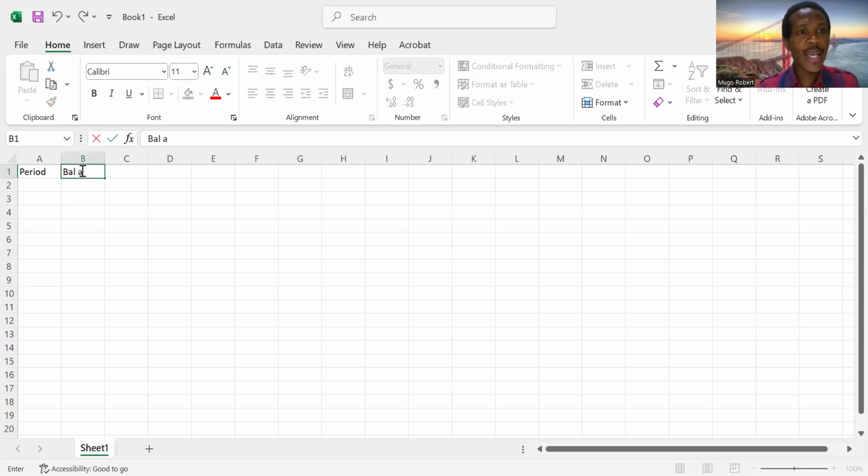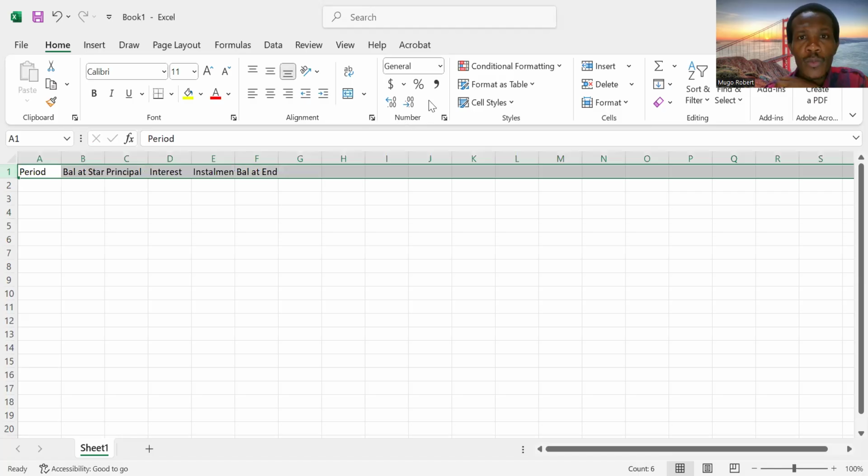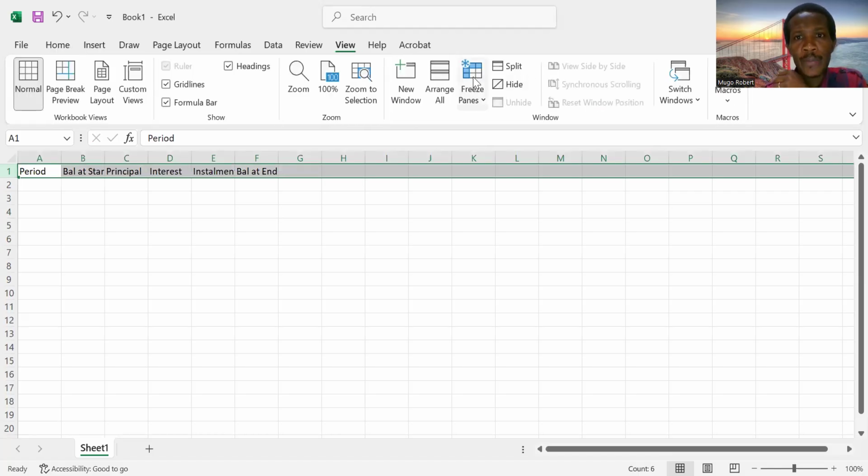We have the balance at start, the principal that you pay, the interest expense, the installment, and the balance at the end. I want to freeze this so that we can be viewing it at every point.